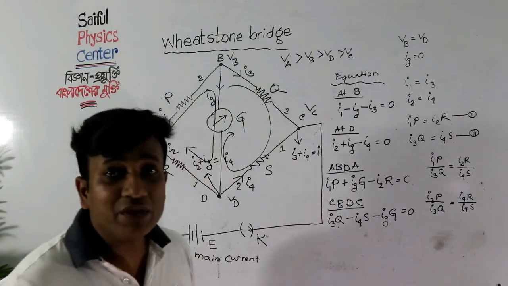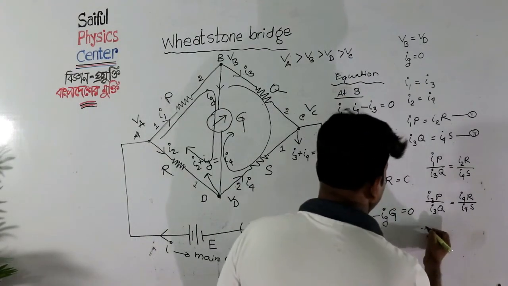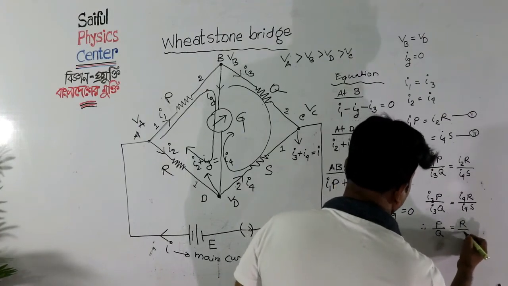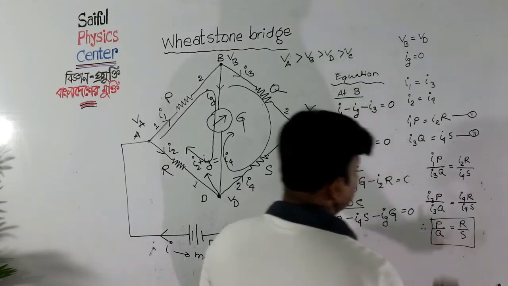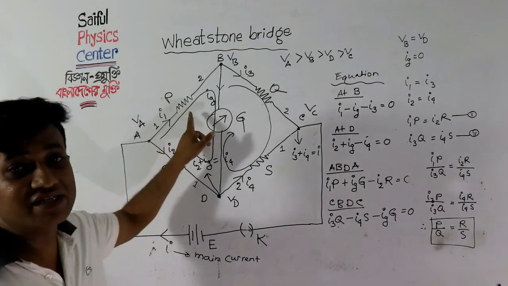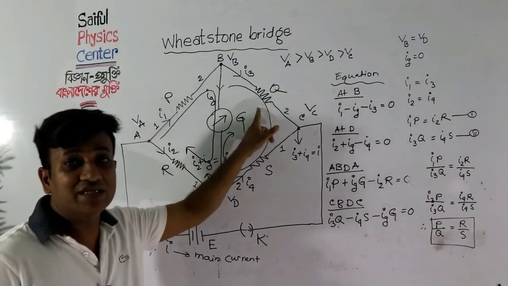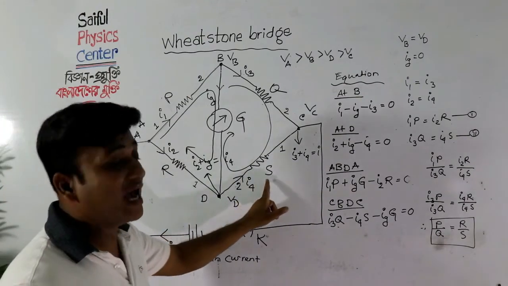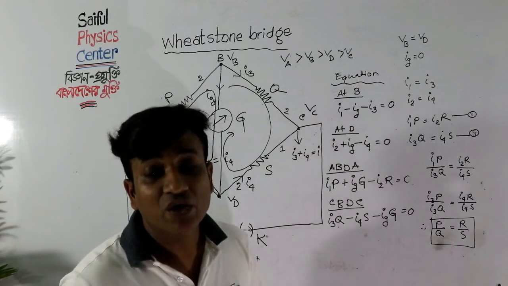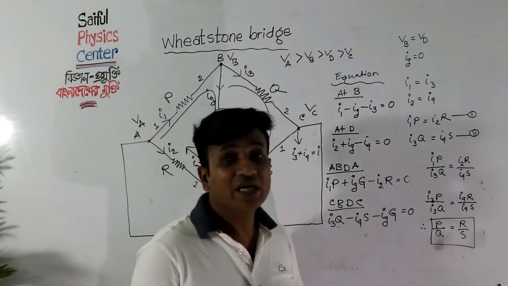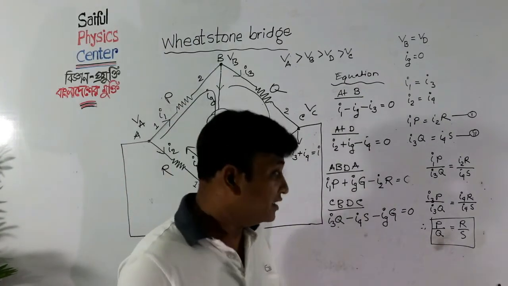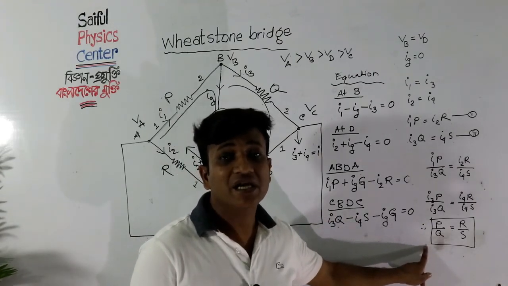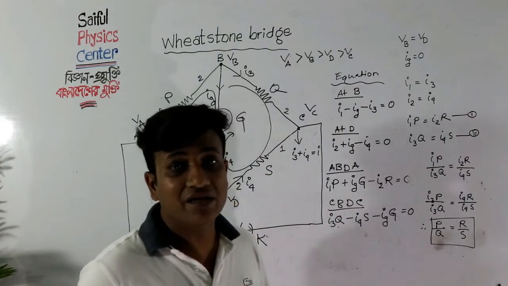So from the above equation, finally we get that P by Q equals R by S. Here the ratio of the resistances P and Q is equal to the ratio of resistances R and S. This equation is called the Wheatstone bridge balance condition or null condition.